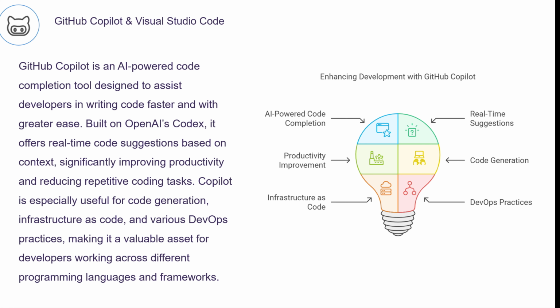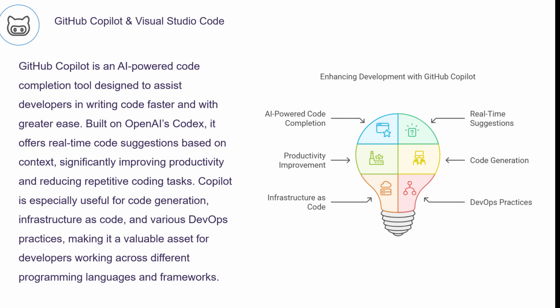So, what is GitHub Copilot for Visual Studio and what is GitHub Copilot? GitHub Copilot is an AI-powered code completion tool designed to assist you as a developer to write code faster with greater ease. Built on OpenAI Codex, it offers real-time code suggestions based on context, significantly improving productivity and reducing repetitive coding tasks.